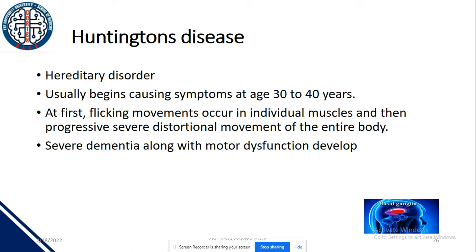At first, flicking movements occur in individual muscles, and then progressive severe distortion of movement of the entire body. So severe dementia along with the motor dysfunction may develop. As we said, Huntington disease is usually due to a defect in the Huntington gene.